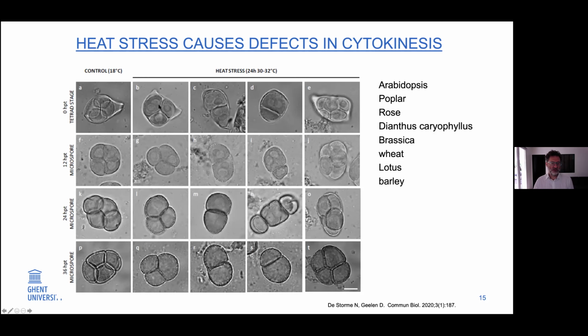So an example here is where you have a triad with one of the cells containing 2 nuclei, and another situation where you have a diad whereby each of the spores contain 2 nuclei. And this indicates that, in fact, the regular progression of chromosome segregation events has taken place. However, the cytokinesis process has not been executed properly.